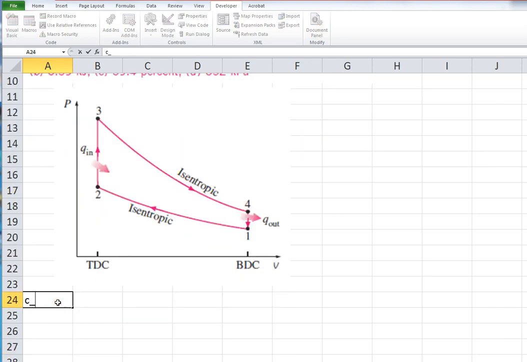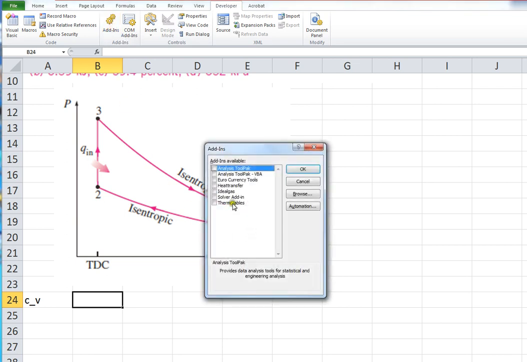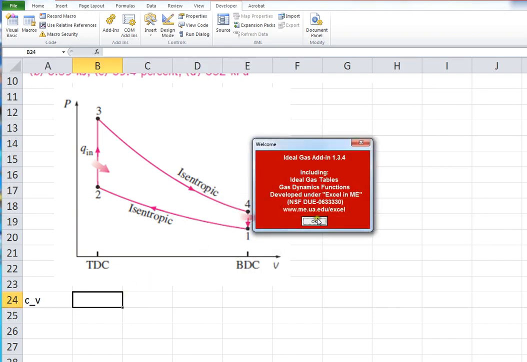So he says assume the properties constant at room temperature. I think I'll still look this up. Let me make sure I have my ideal gas add-ins working here just so I can look this up.